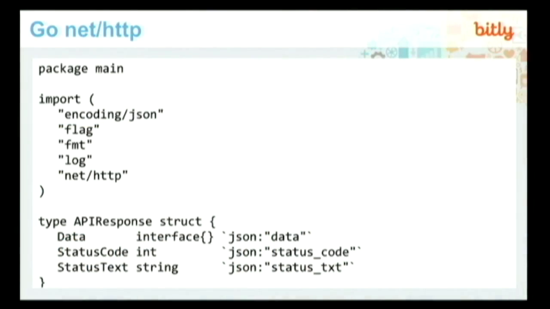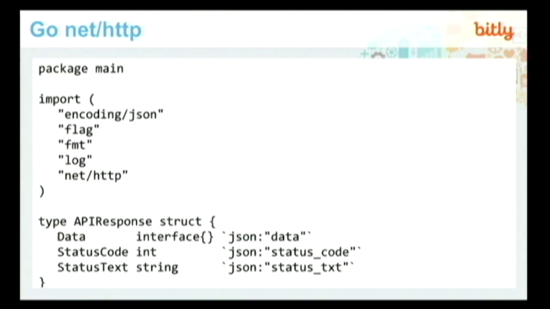Now, the one fun bit: Bitly is a Python primarily shop and also a Go shop. So in the spirit of entertainment, I also wrote a version of this in Go. And you'll notice one big difference between the Go version and the Python version.